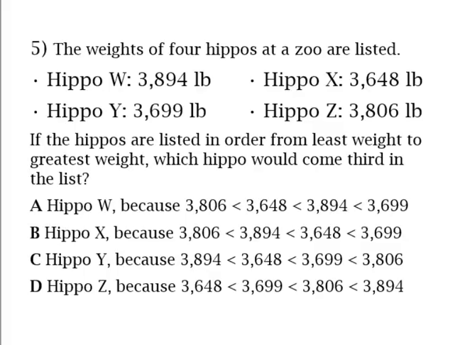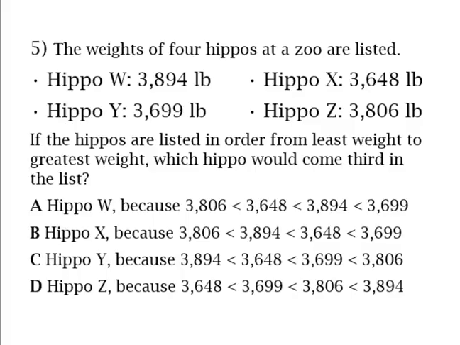in the list? A. Hippo W, because 3,806 is less than 3,648, is less than 3,894, which is less than 3,699. So they're saying that this list is from least to greatest.